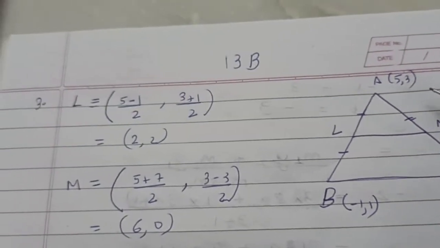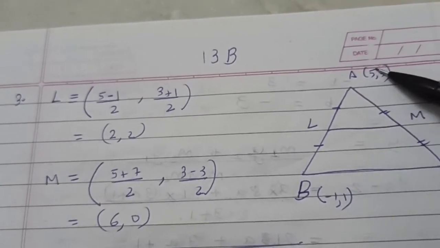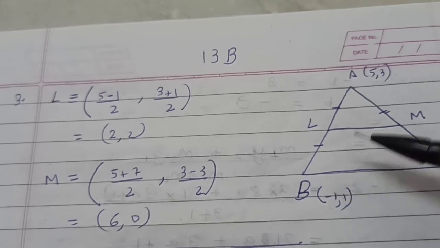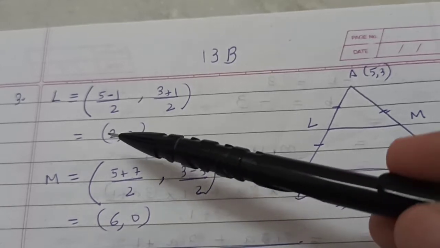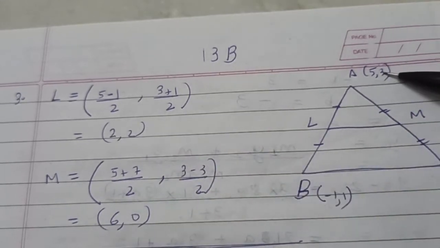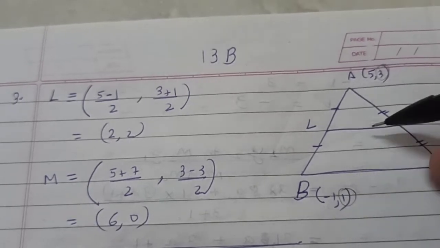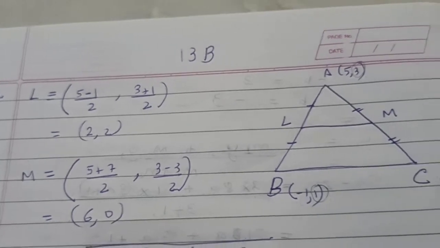First of all, how do we get the coordinates of L? Well, just find the average of A and B coordinates. So 5 plus minus 1 upon 2 is 2, and 3 plus 1 upon 2 gives you 2. So that's how you get the coordinates of L. What about M?